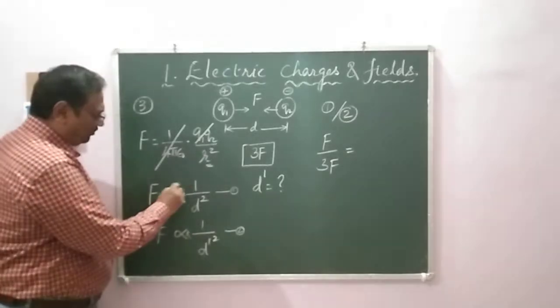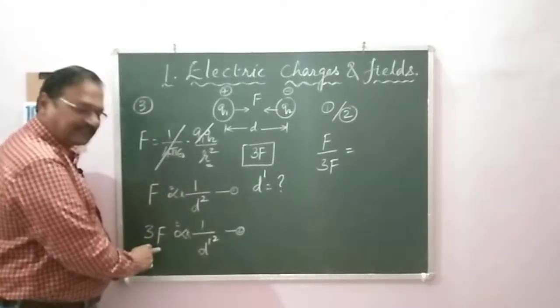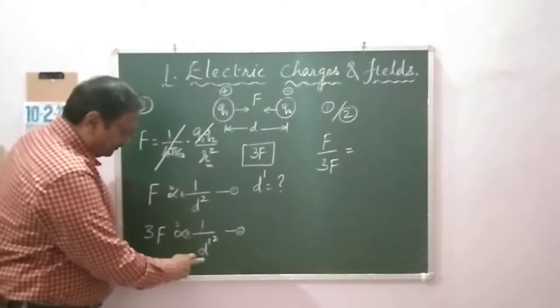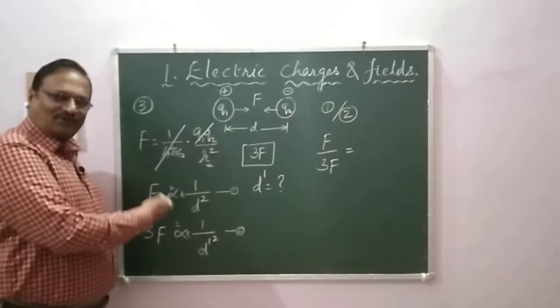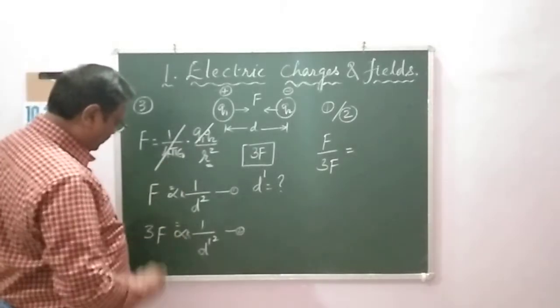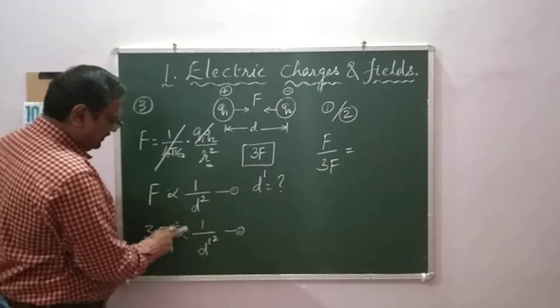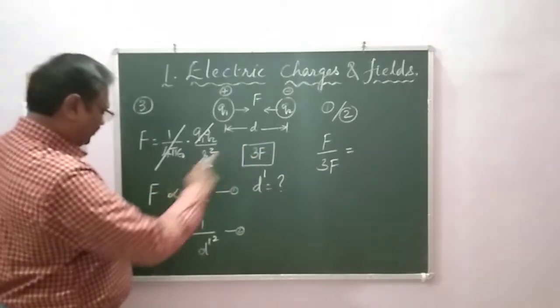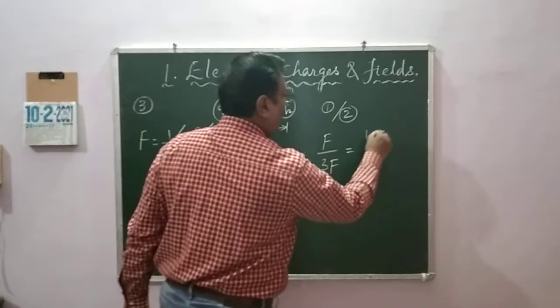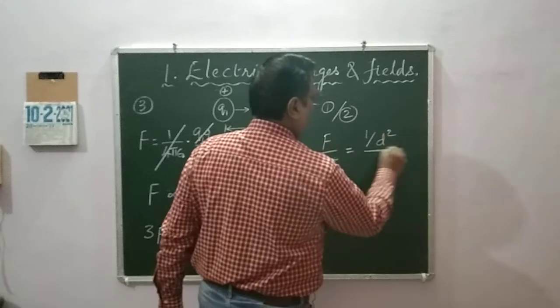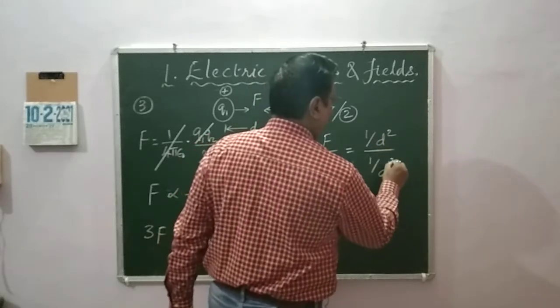So I can put an equal to mark because both of them represent force and both of them represent distance. So the same constant will come, 1 upon 4 pi epsilon naught. Okay, so this is not necessary. So ultimately you understand this actually, it is equal to 1 upon d square, 1 upon d dash square.